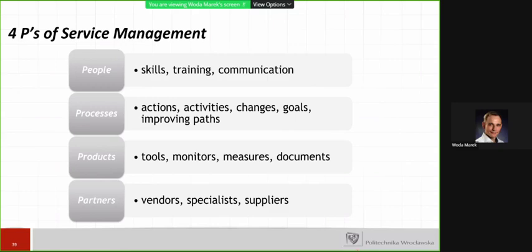Without partners, like if we are a car manufacturer, we have to have a contract with a company that manufactures dashboards, wheels, spare tires, and so on. We are not independent. So these are the important things from the service management perspective.